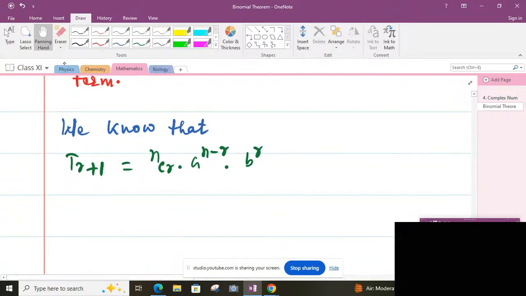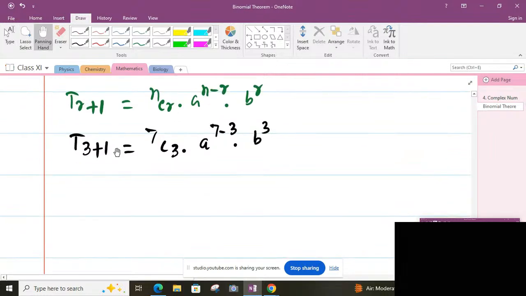So T 3 plus 1 equals here will be 7C3, a to the power 7 minus 3 into b to the power 3. So the next step here will be 7C3 into a to the power 4 into b to the power 3.